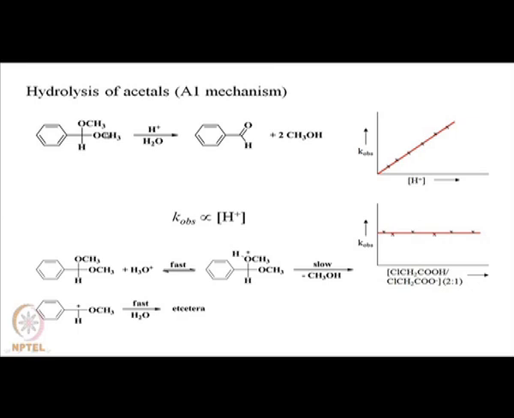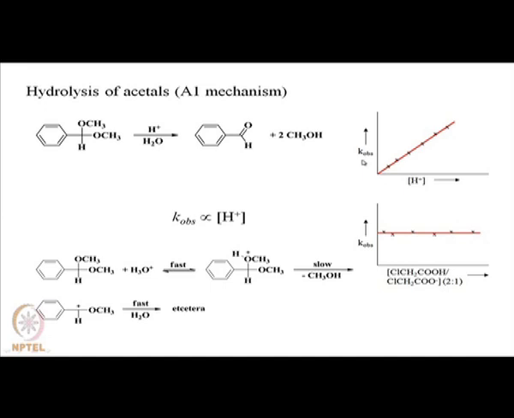So, benzaldehyde acetal in presence of H plus produces benzaldehyde and 2 molecules of CH3OH, and you see that as H plus is increased, K observed is also increased. It is not exactly linear, although it just gives you an idea of whether K observed is increasing or not.